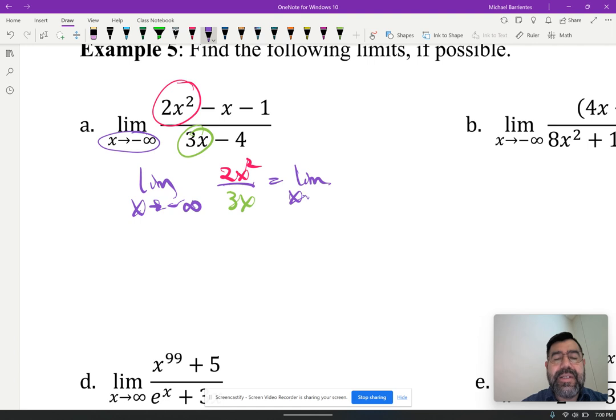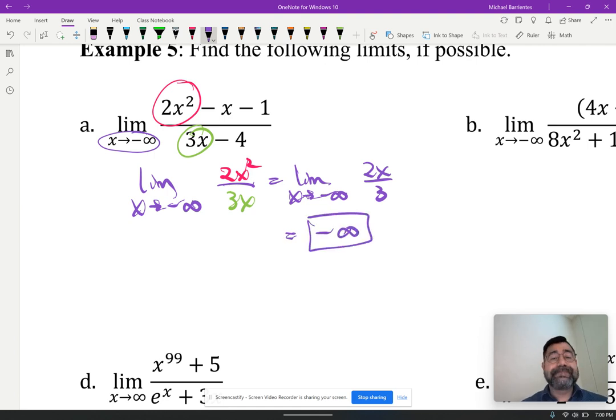So we're taking the limit as x approaches negative infinity of 2x over 3. Does that look familiar? But this time, when I plug in big negative values, I'm just going to get more and more negative. So this limit is going to go to negative infinity. And that's it. So the process is the same, right? But always be mindful of whether x is approaching positive infinity or negative infinity, because that's going to determine where that goes.